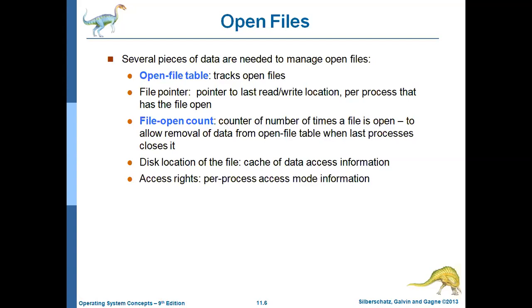Then you have a counter for the file open count, the number of times a file is open, to allow removal of data from the open file table when the last process closes it. Then the disk location of the file, where it is located. Then the cache of data, and access information: access rights per process and access mode information. These are all things you require when opening a particular file.